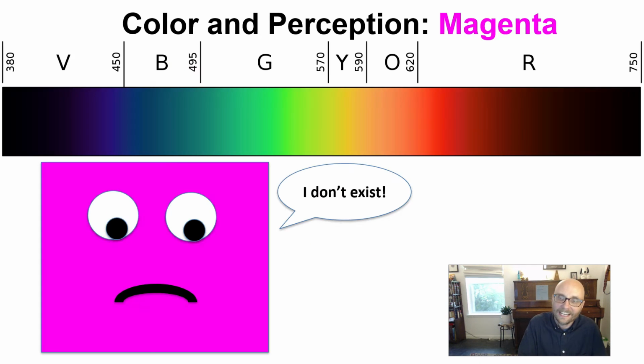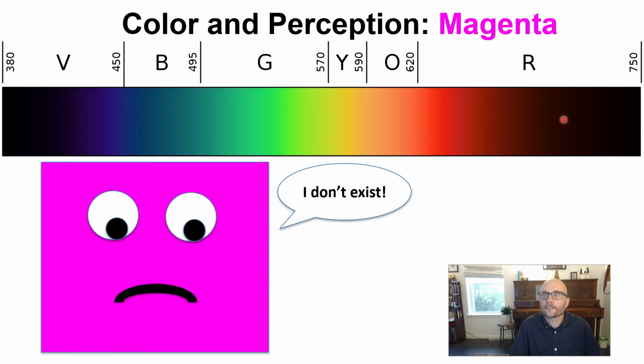Okay? Another color deception that we often see is the color magenta. Magenta doesn't actually exist. Remember, color is made up of light, and it is made up of a spectrum of wavelengths that exist in that white light. And there is no magenta on the spectrum, and yet we see it.